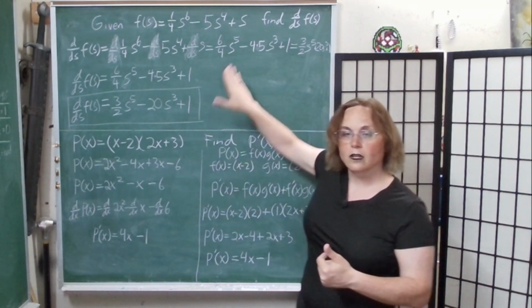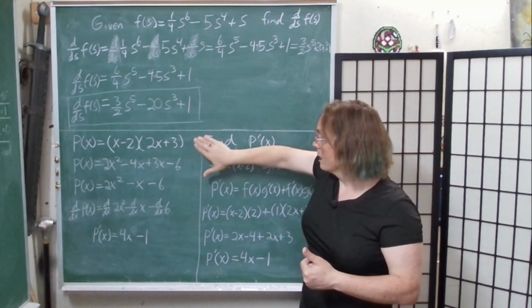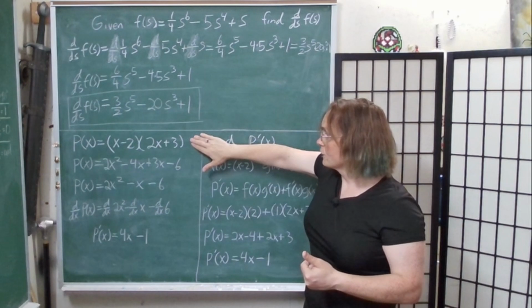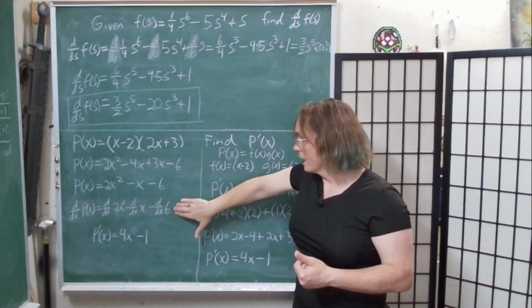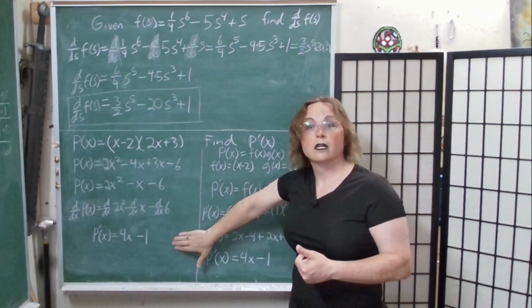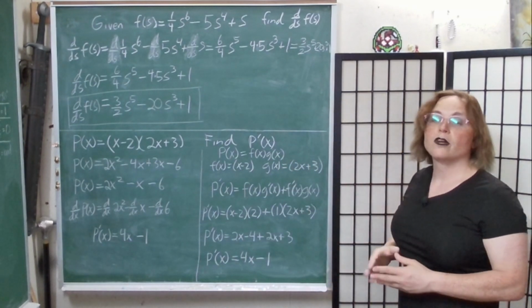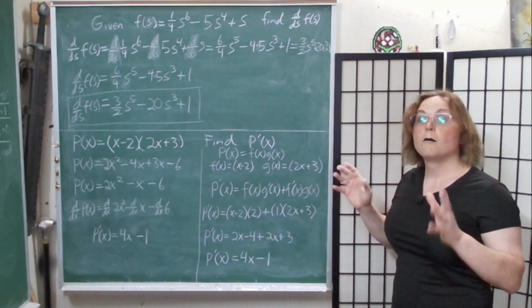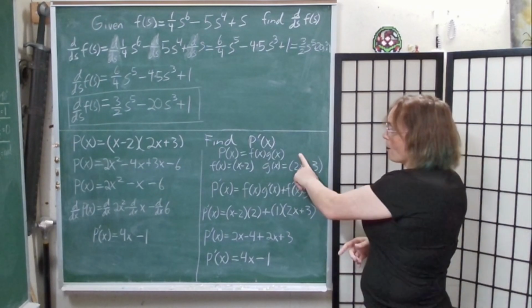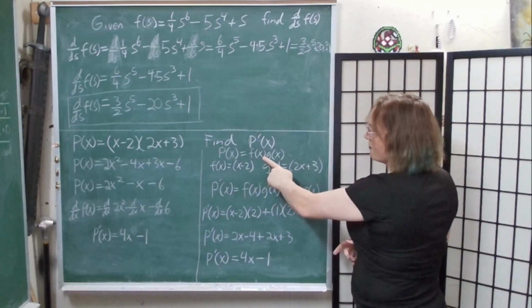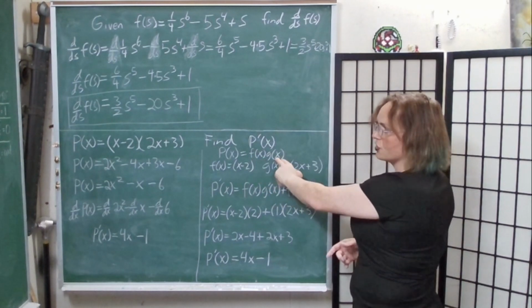So this looks a lot like what we did up here, but you'll notice that I worked down. And it's very easy to see exactly what happened. Started here, worked to here, worked to here, got to here where I did my derivatives, got to here, got my answer. Over here, this is the part where I talk about defining my functions. So I know I'm going to be using my product rule, so I go ahead and say my p of x is the f of x times the g of x.